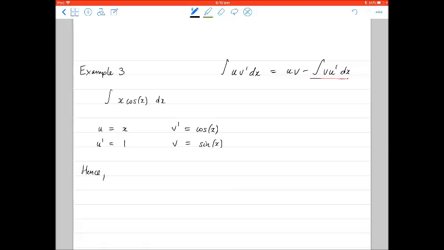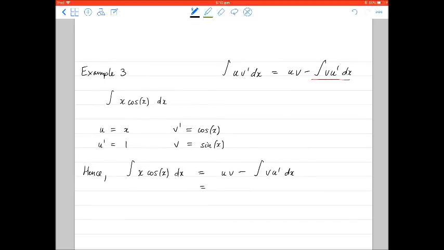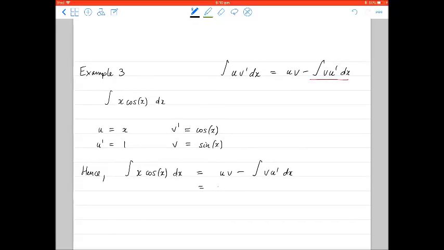Hence the integral of x cos x dx is equal to uv minus the integral of v u dash dx. So uv is x sine x minus the integral of v times u dash, which is the integral of sine x.